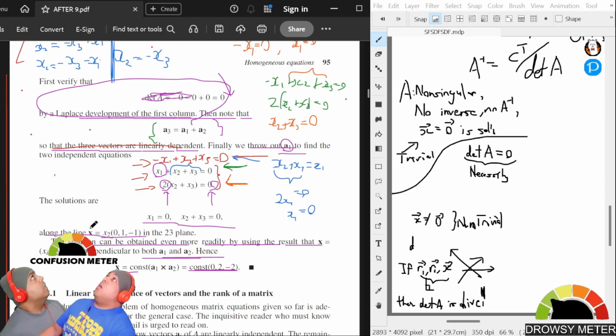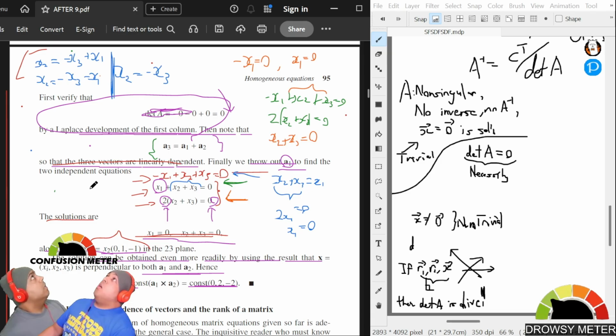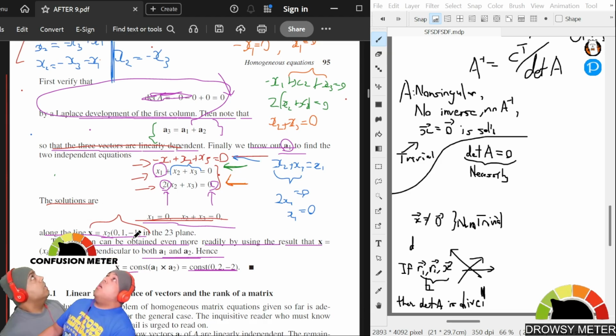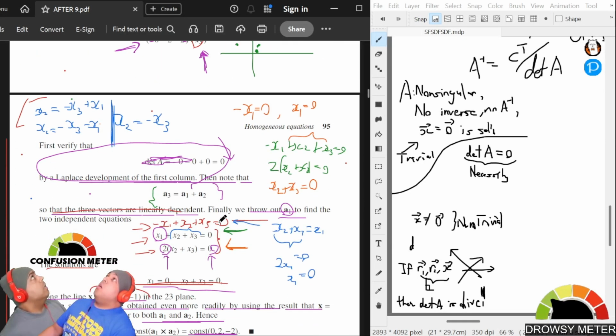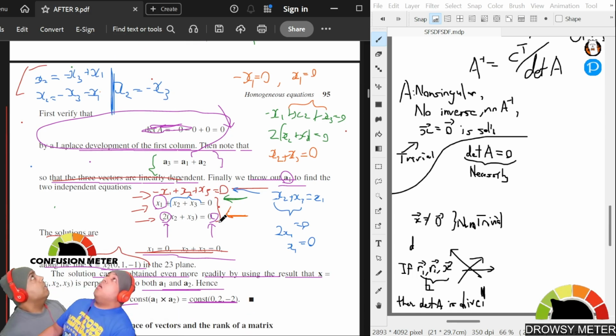I was going to continue, but then I realized I didn't touch on this at all. The solutions are this. Yeah, I agree. Along the line x equals x2 times (0, 1, minus 1) in the 2-3 plane. Where do we get this?